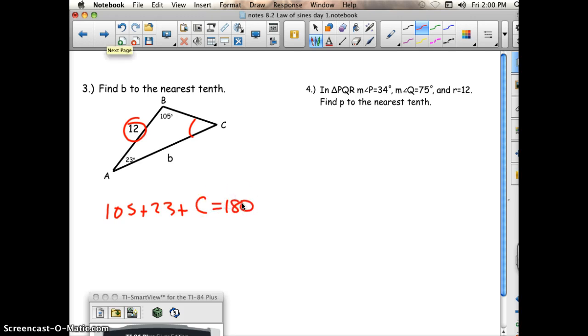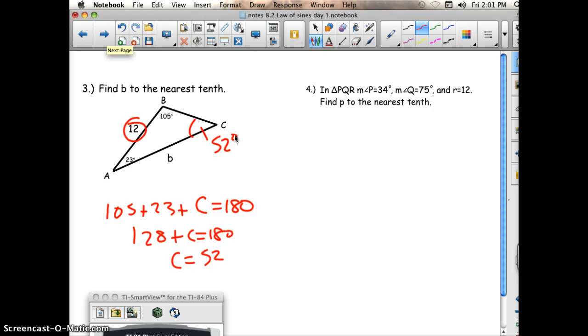All right, so 128 plus C equals 180. Subtract that from both sides, and you get 52. So I know angle C is 52 degrees.